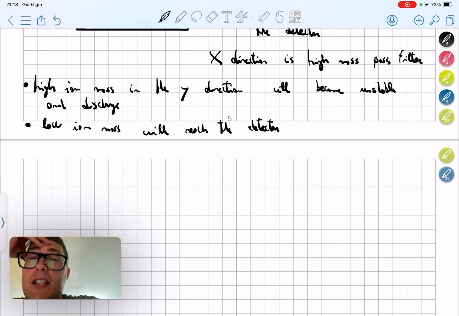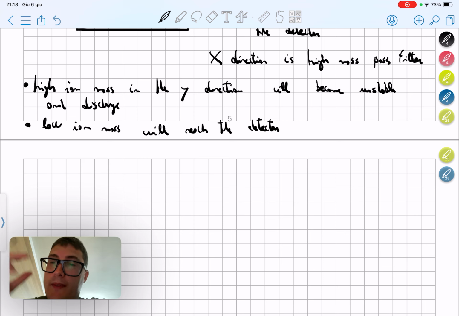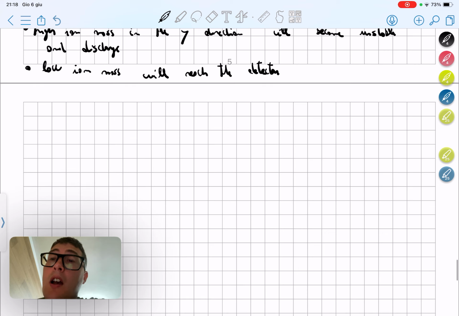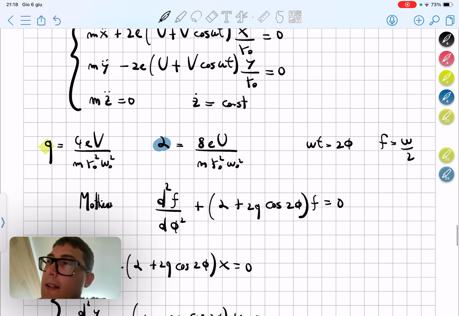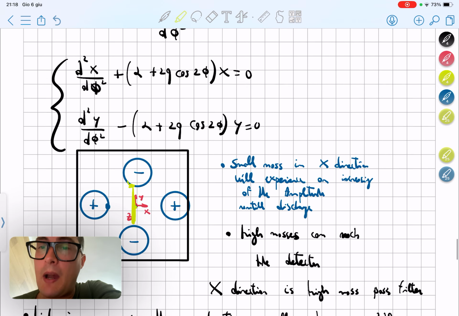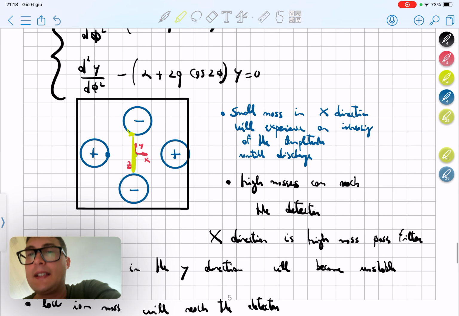The quadrupole mass spectrometer is capable of filtering the ions according to their mass to charge ratio, and therefore we can identify what type of ions are crossing just by modifying what? By modifying the two potentials which determine which ions can pass and which not.